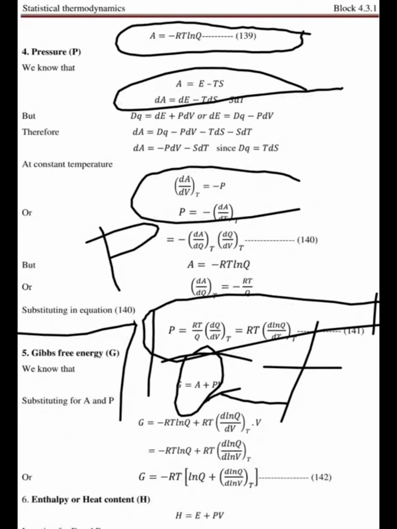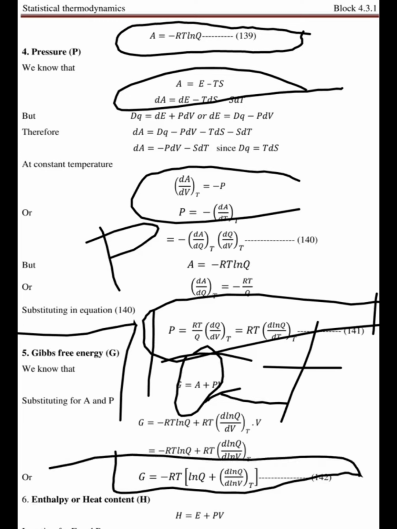This is the equation of Helmholtz free energy, that is equation number 139. So from that we are going to calculate the G also. That is equation 142.